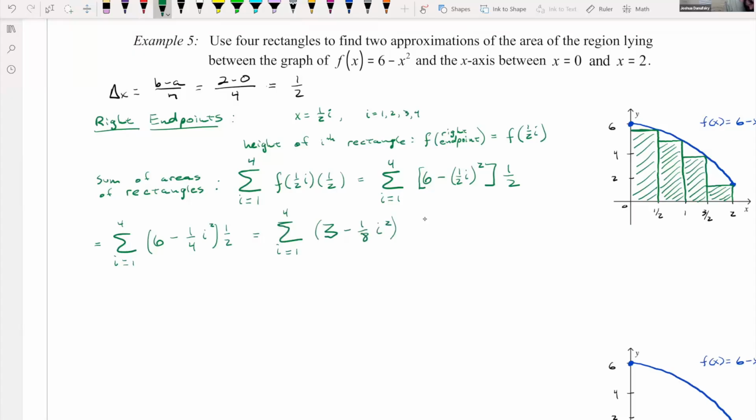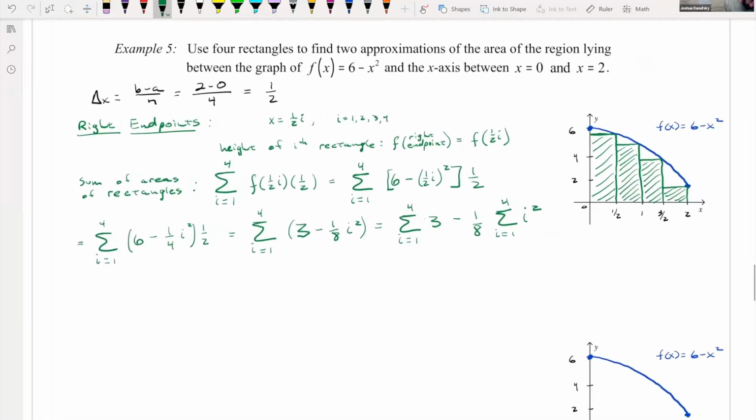Now I'm going to split it up into 2 summations. So we have the sum i equals 1 to 4 of 3 minus, I'm going to factor out the 1/8 and get the sum i equals 1 to 4 of i squared. And now we're going to get to use our formulas for summation.